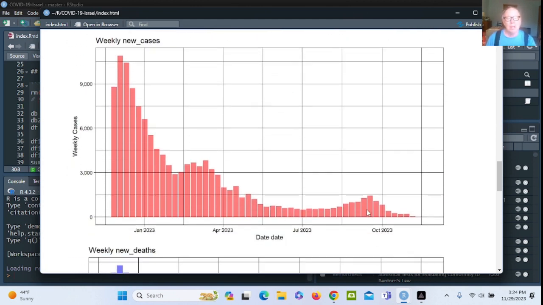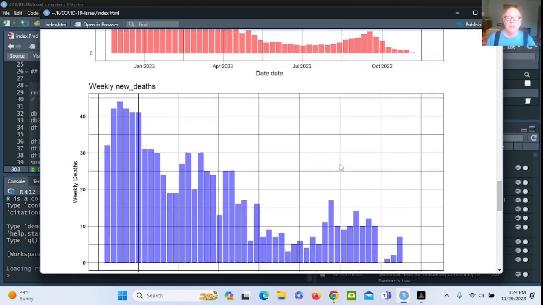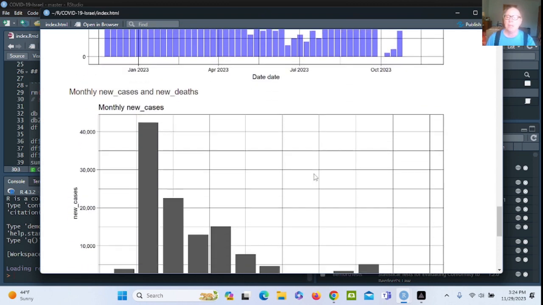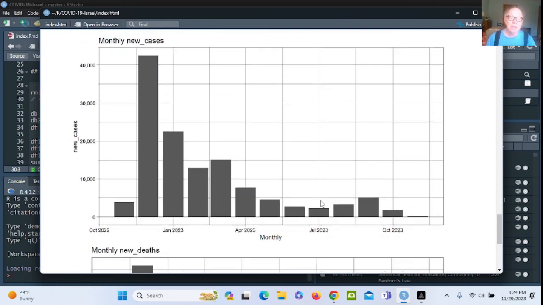Very low numbers here. This is only about 1,500, a little spike here before dropping back off down to here. Deaths under 20, all the way back here in May per week. Monthly, you did see quite an increase here in August and September.